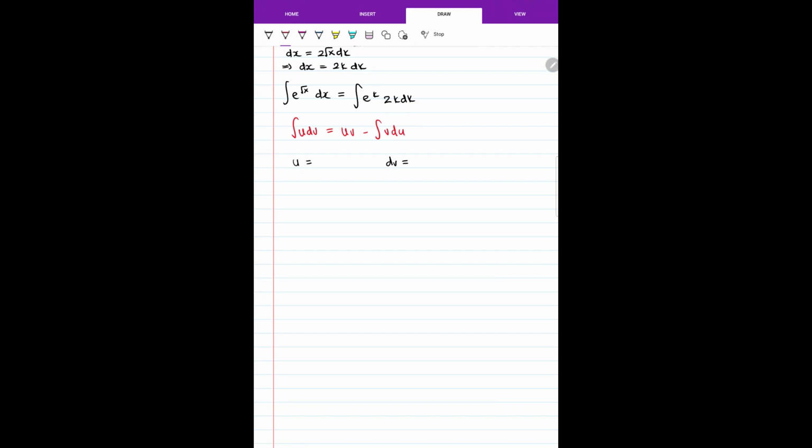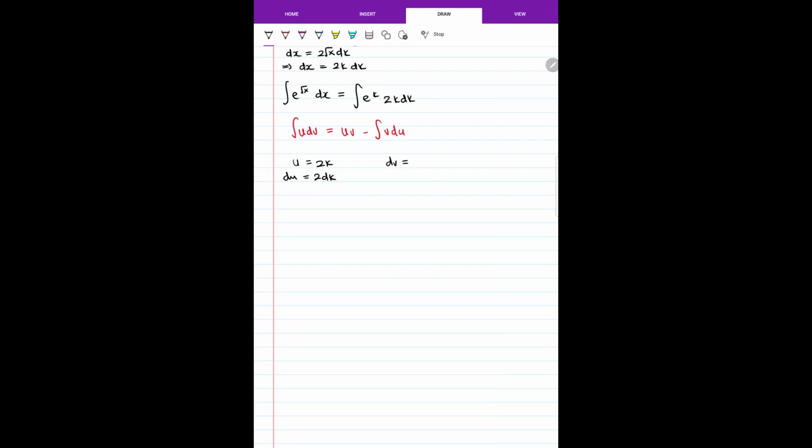If we look at e to the k, the derivative of e to the k is just e to the k, so it's not really reducing anything. But if we let u be 2k, and we take the derivative, then du is just going to be 2 dk. So we did reduce the power. This k is gone now because we took the derivative.